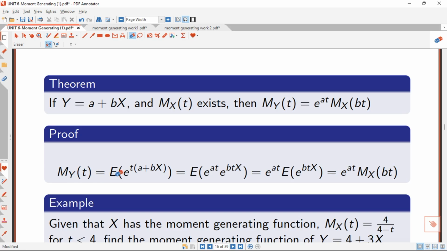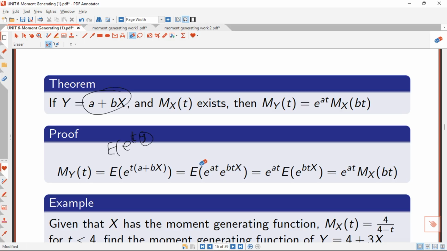We have the expectation of e raised to the power t bracket open a plus bX. So surely it's going to be the expectation of e raised to the power tY. And we know our Y is equal to a plus bX.